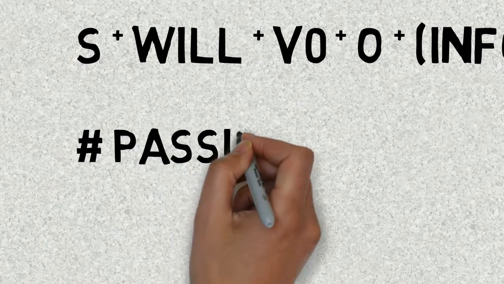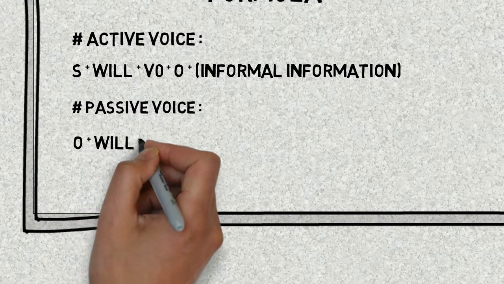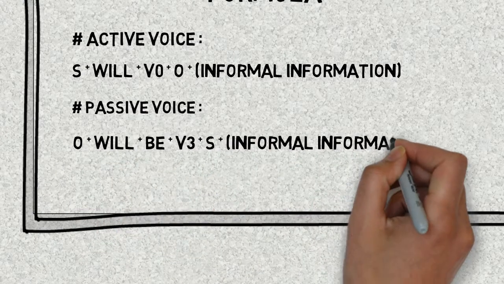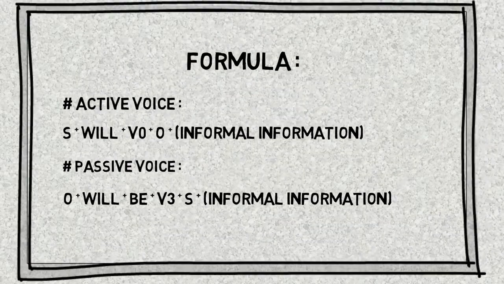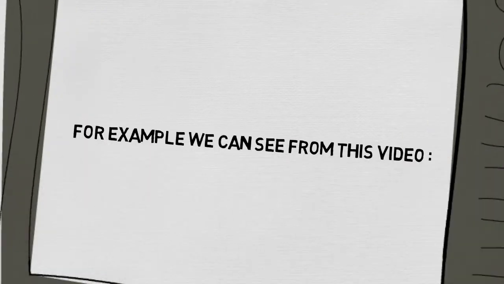And for the passive voice is object plus will plus be plus verb 3 plus subject plus informal information. For the example, we can see from this video.